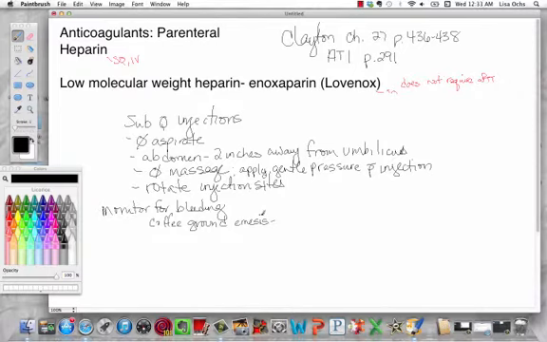Make sure you know the therapeutic range, 1.5 to 2 times the baseline, the protamine sulfate for overdose, the injection techniques and the patient teaching, the signs of toxicity, heparin-induced thrombocytopenia, and that should about cover it. The next one we're going to do is the second anticoagulant, which is Coumadin.